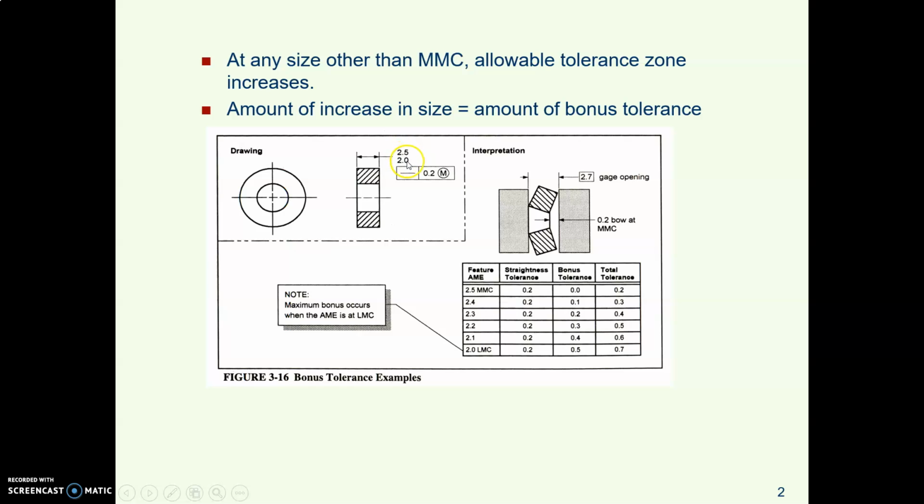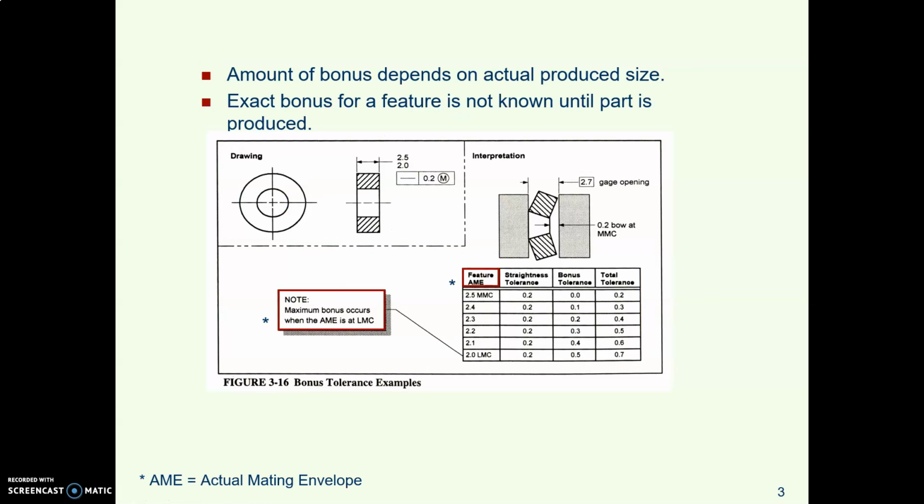But if you made a washer that were a thin size all the way down to 2 millimeters, it could be bent more, out of straightness more, and still fit inside that gauge opening, or still fit inside the part that it's supposed to mate with. And the actual amount of bonus you get depends on the part you actually make. We'll look at that in just a minute.